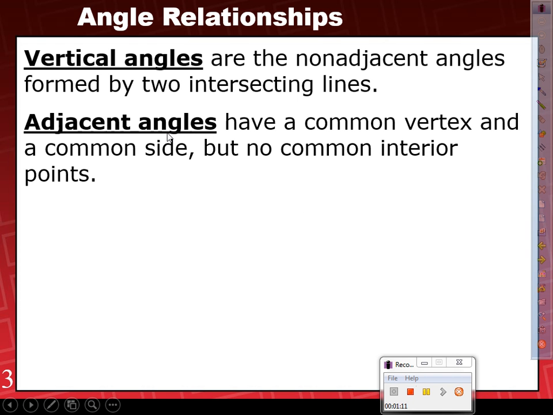Next one, adjacent angles. They have a common vertex and a common side, but no common interior points.